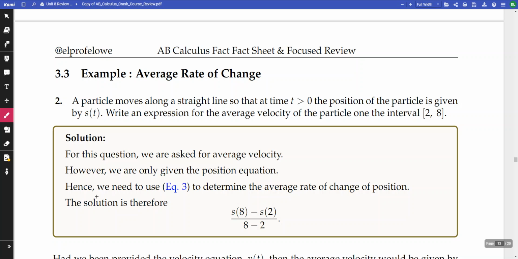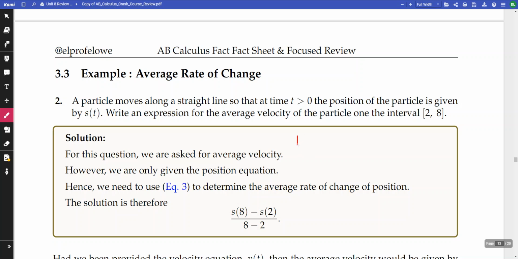The average velocity of the particle is going to be the average rate of change for my position function. So we're only given the position equation, and we need the average velocity, or the average rate of change. So we need to use that third equation to determine the average rate of change of position. So I'm going to have the position at 8 minus the position at 2 all over 8 minus 2.